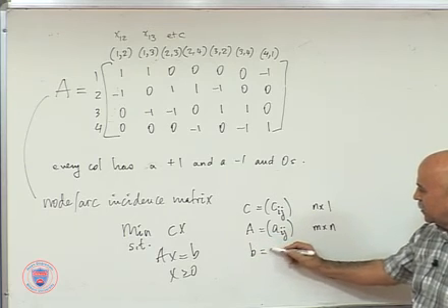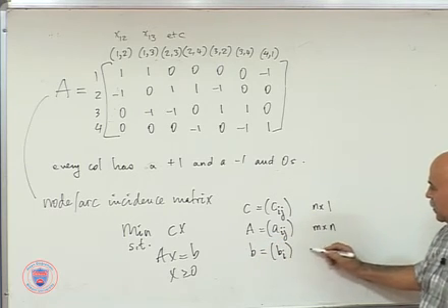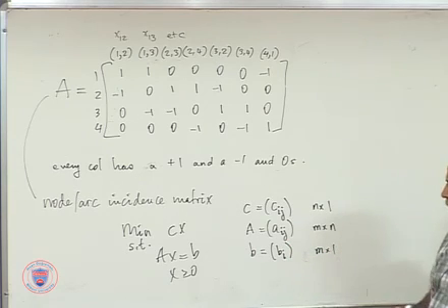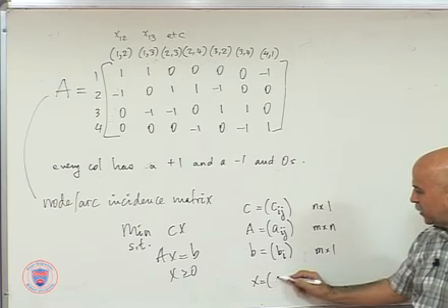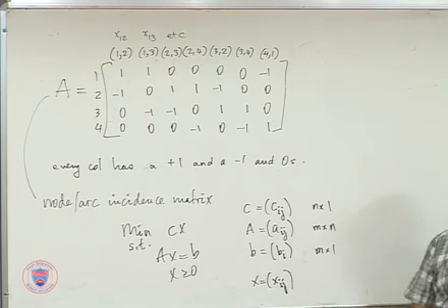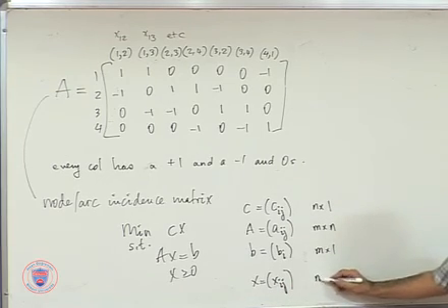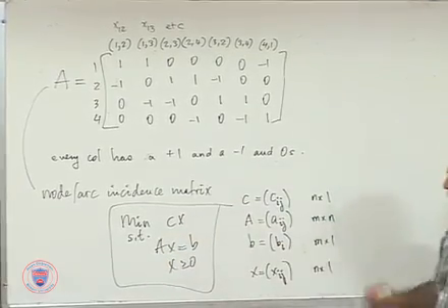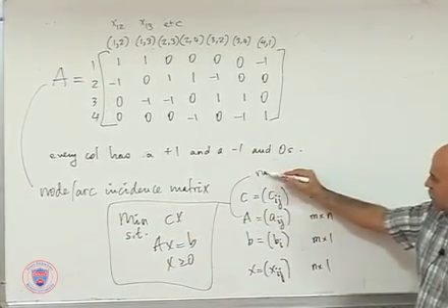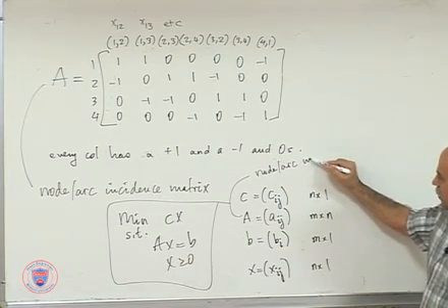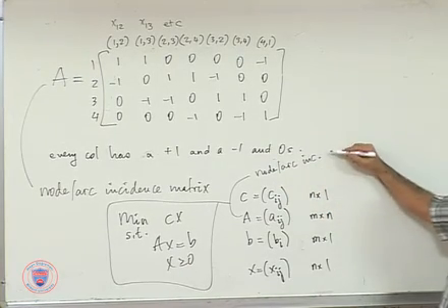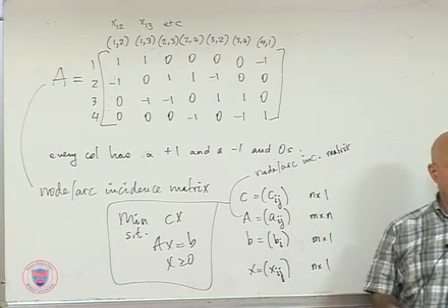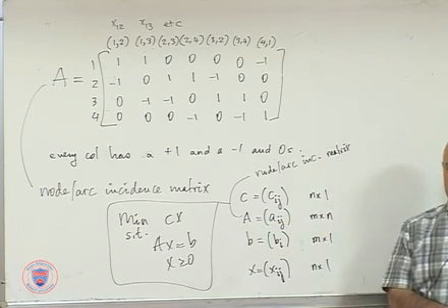And b is m by 1. And x is the vector of xij's, where ij is the ij arc. It's an n by 1 vector. And here A is the node arc incidence matrix of the network. Next time I'm going to give a formal definition of A, and then we'll carry on after that.